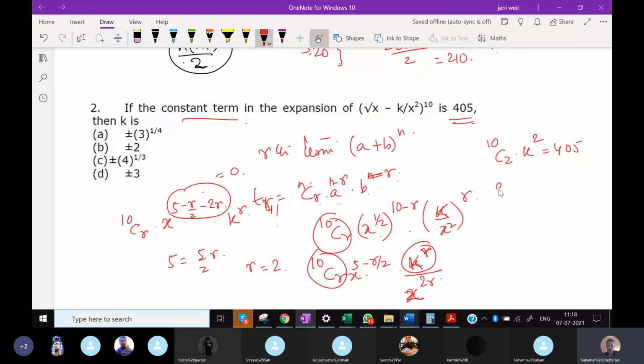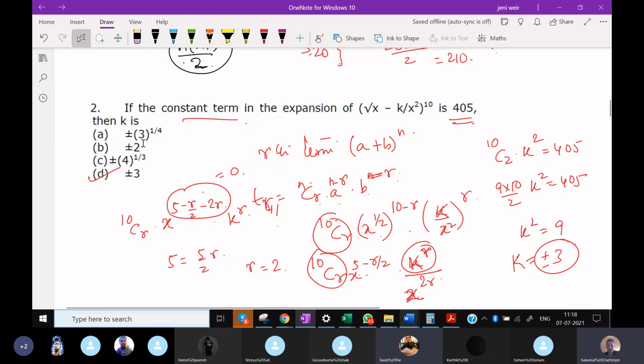So 9 into 10 by 2 into k square is 405. So k square into 45 is 405, so 405 by 45 is 9. So k square is 9. So k is plus or minus 3.